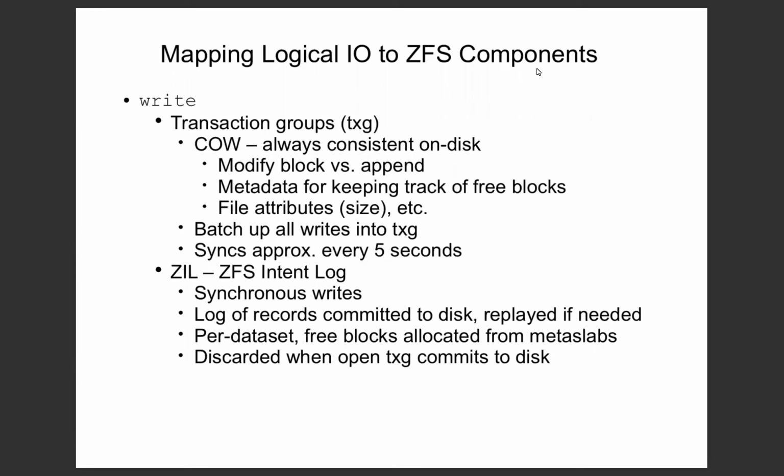To deal with that, the ZIL is a log that keeps track of the on-disk information that has to change when a synchronous write happens. That gets put onto the disk so that if the system crashes, that log can be replayed later. But it's not all of the work that would happen with a full transaction group write. So that's the mechanism the system uses to deal with synchronous activity in an efficient way, decoupling it from the transaction group. Every dataset on the system has a ZIL.